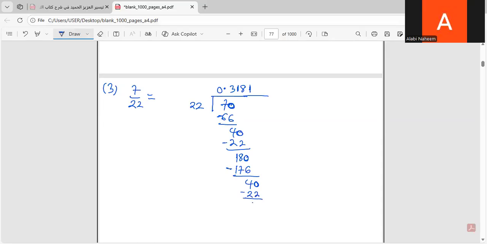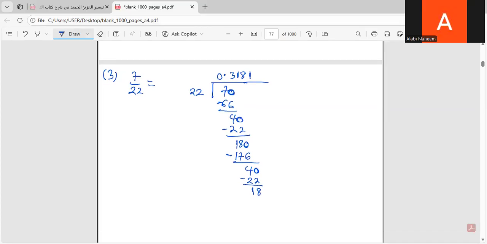You have 18. Then 22 in 18. 18 is smaller, so you include 0. 22 in 180. That is 8. 22 times 8, 176. Subtract. You have 4. 22 in 4. 4 is smaller, you include 0. 22 in 40. That's 1.